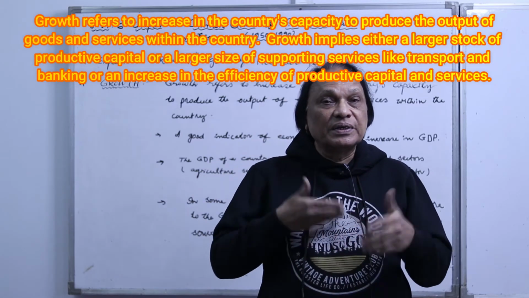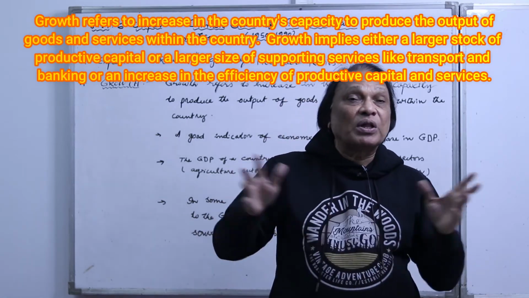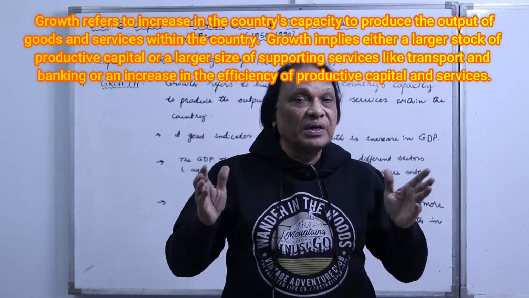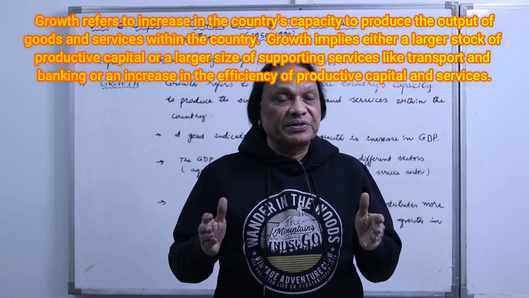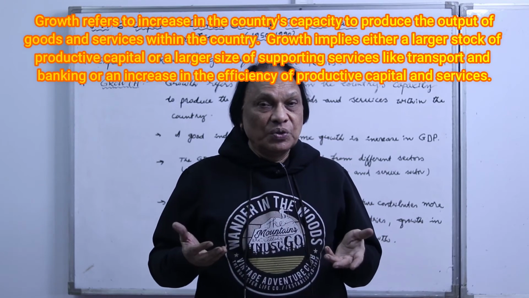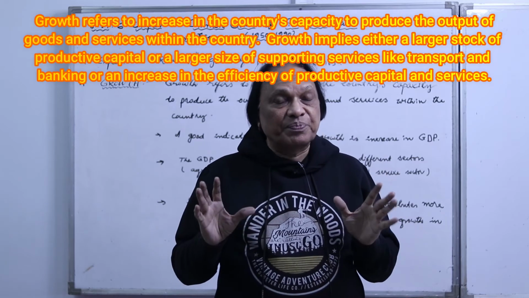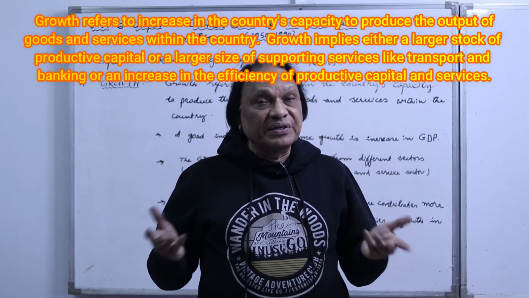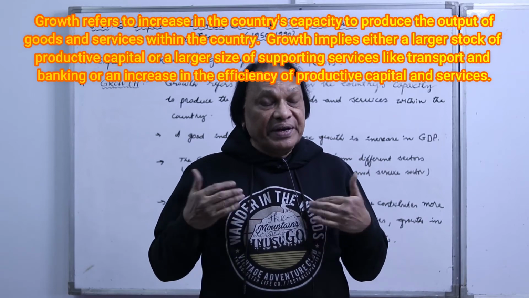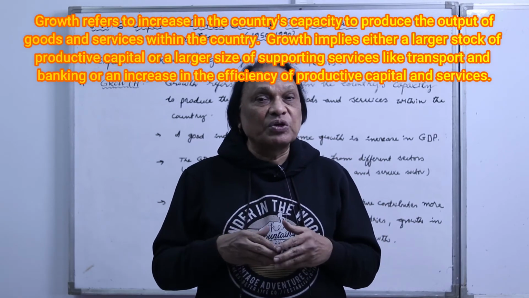Growth means producing more and more goods and services in all the sectors, let it be agriculture, industrial sector, or service sector. We should be able to produce more goods and services in all the sectors: primary, secondary, tertiary. Then only the economy will grow.